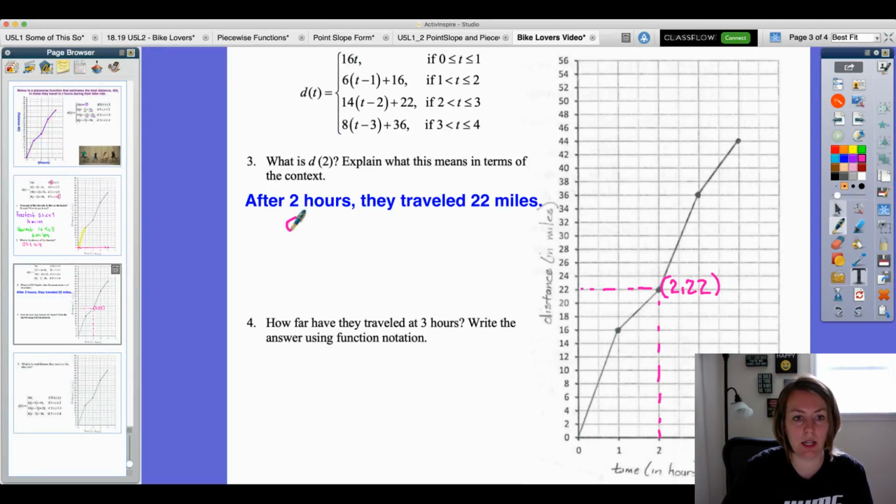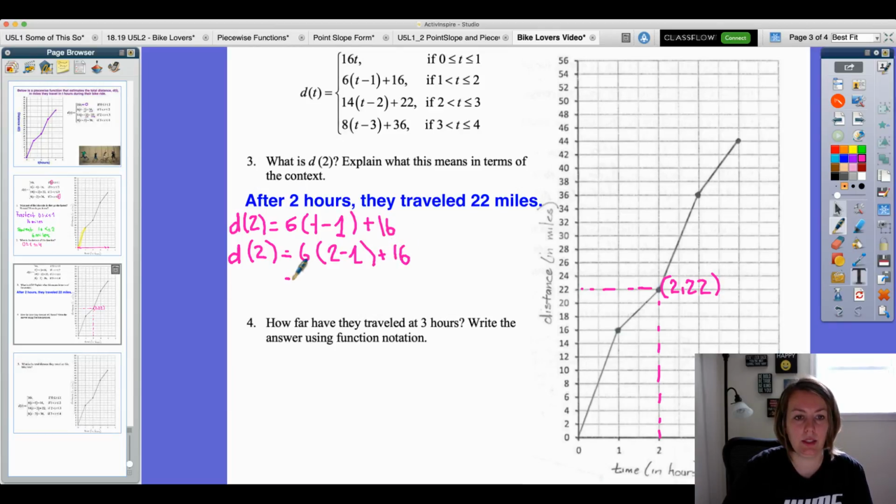So I'm going to take 6 times t minus 1, plus 16. And that would be d of 2 equals. Then I'm going to go ahead and plug in my 2. So that would be 6 times 2 minus 1, plus 16.